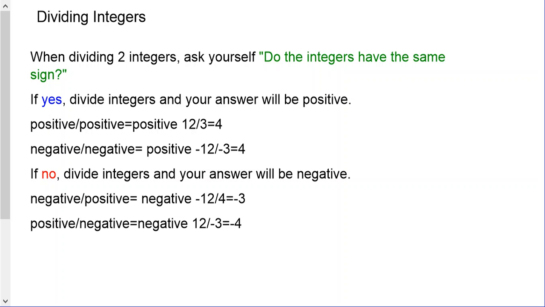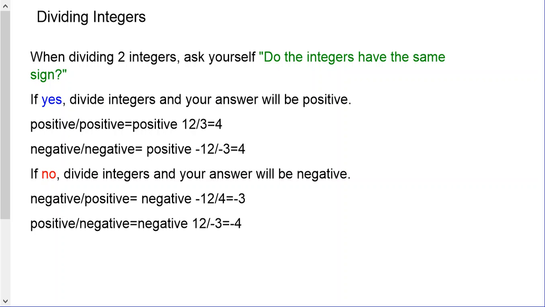So a positive divided by a positive will give you a positive. A negative divided by a negative will give you a positive as well. If the signs are different, then your answer will be negative, just like in multiplication. Negative divided by a positive will be negative, and a positive divided by a negative will also be negative.